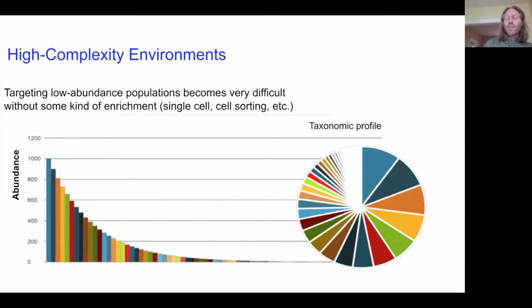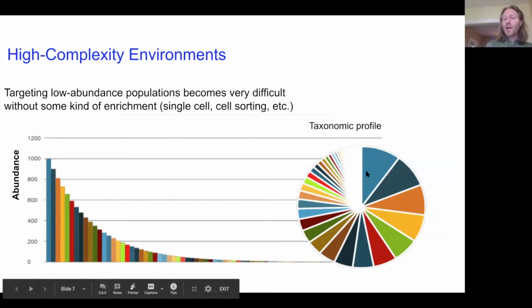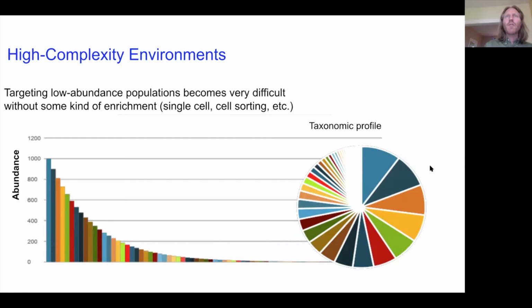So a lot of real environments that we're interested in are the more highly complex environments. So it might be like this, where you have hundreds or even thousands of taxa in here. And you may know this from previous experiments that you've done using 16S sequencing or FISH, for example.